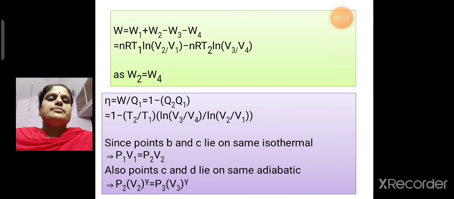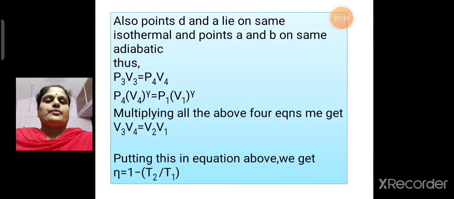Since the points B and C lie on the same isotherm, P1V1 must be equal to P2V2. Also, P2V2^γ is equal to P3V3^γ. Also, P3V3 is equal to P4V4 and P4V4^γ is equal to P1V1^γ.